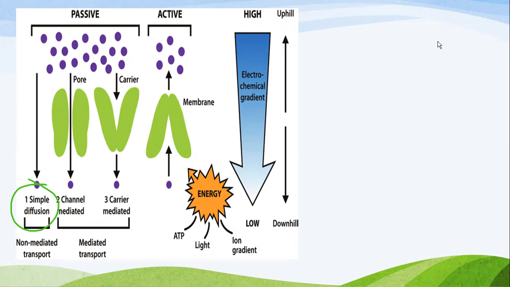Here are channels, in between them a pore is present and the particle is moving, so that is channel mediated. Here this one is a carrier that helps to transfer something. Carrier protein is present here actually, so protein helps to pass the particle, that is known as carrier mediated.